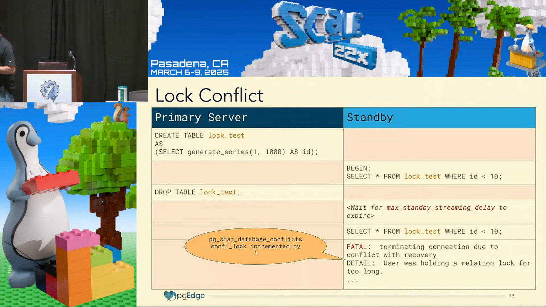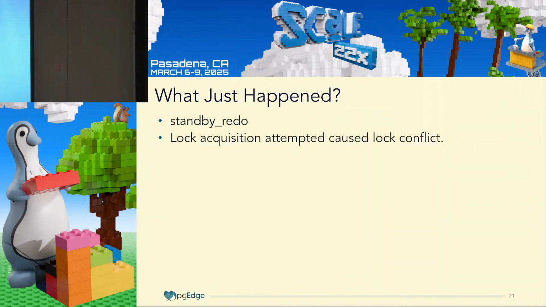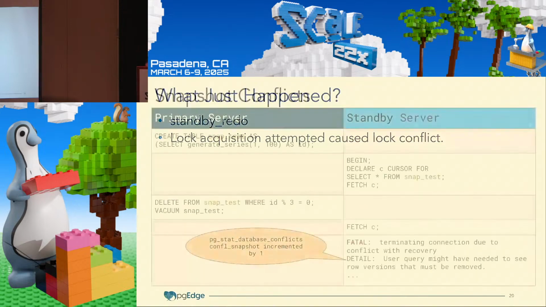And that's when you see this conflict in the log, and pg_stat_database_conflicts gets a value incremented for the confl_lock field. So this is pretty much what I just explained. With standby redo, it's going to attempt all those lock acquisitions, and then it's going to fail immediately. It hasn't done any other processing yet.